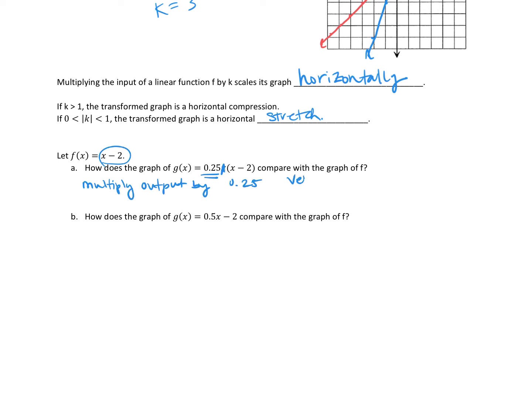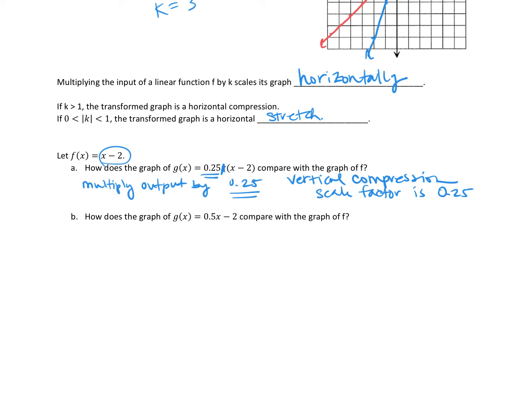It's going to be a vertical change. And because our k value is between 0 and 1, it's going to be a vertical compression. We call that a scale factor. The scale factor is 0.25.